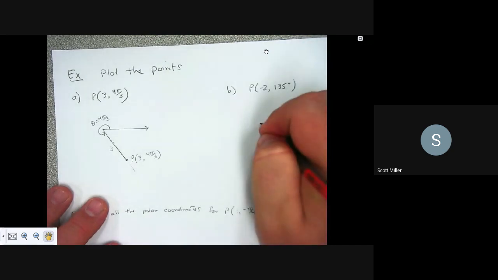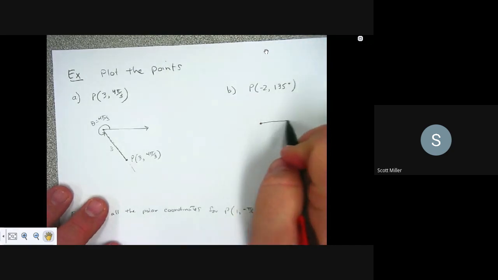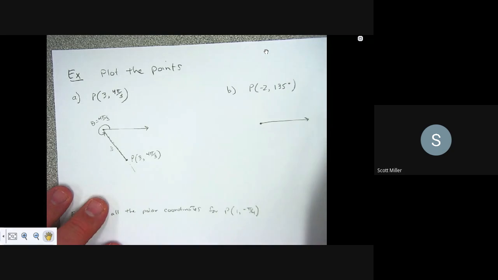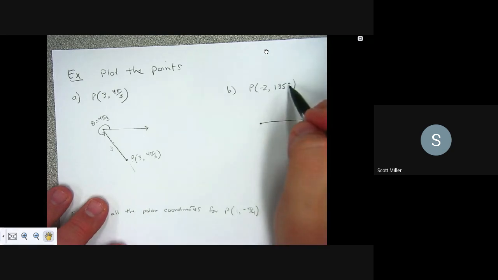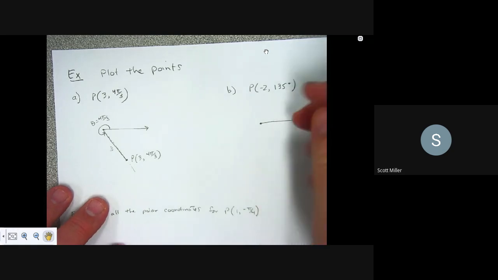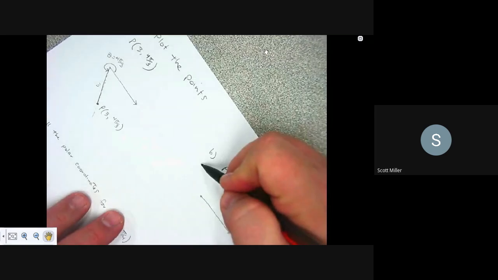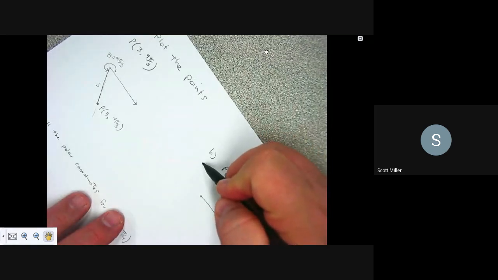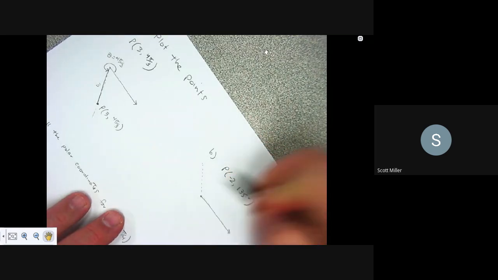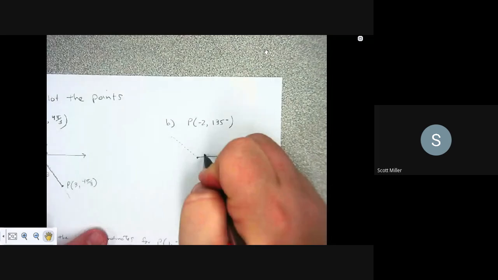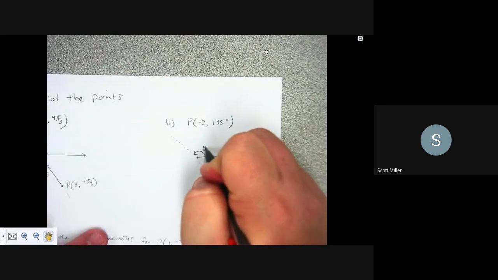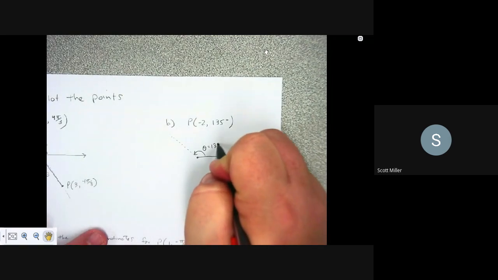Let's look at this one over here. Again, here's our pole and our polar axis. We need to go to angle 135. So 135 is basically the 45-degree angle in this quadrant over here. So this angle right here is 135 degrees.